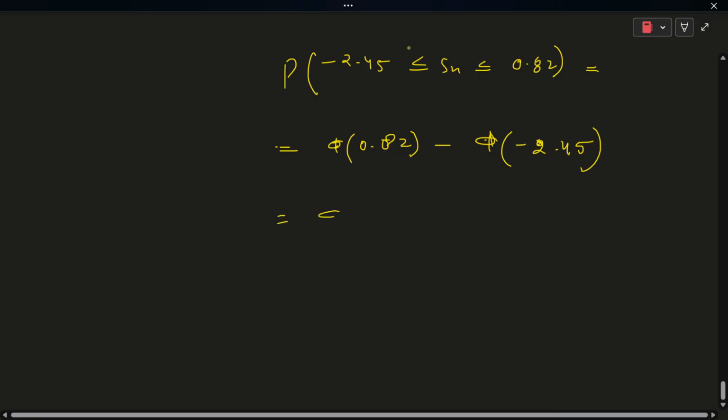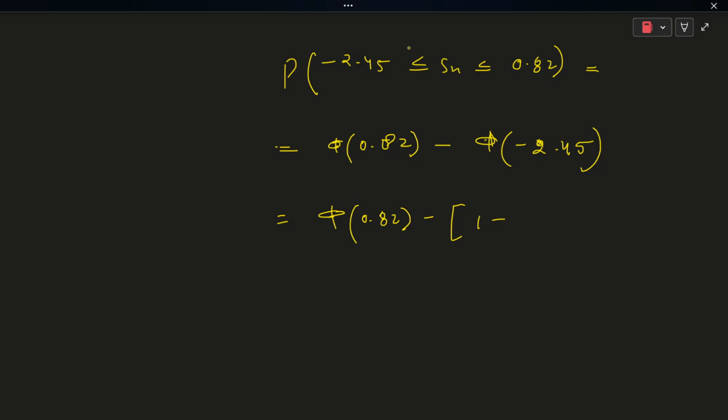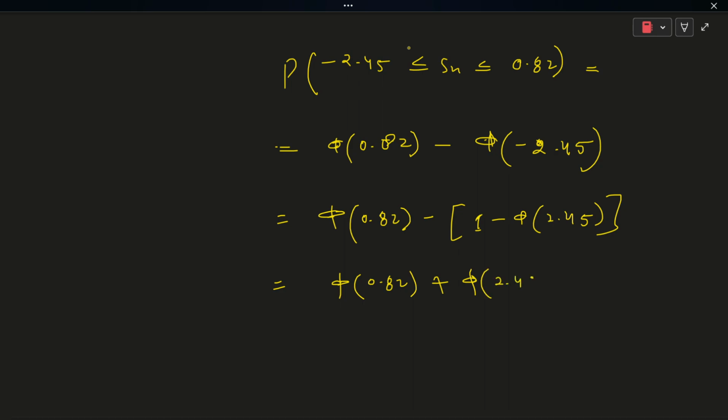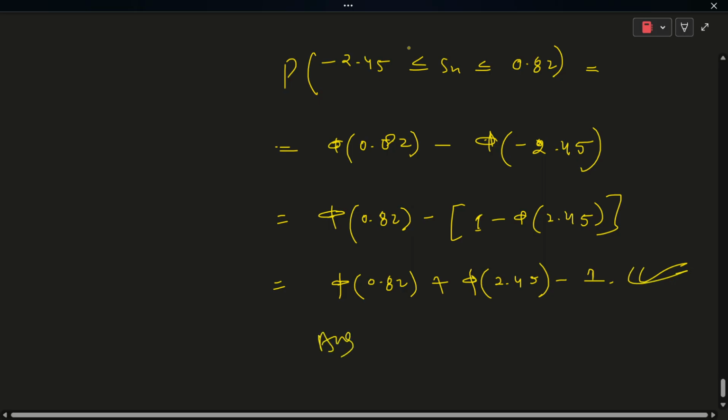So this is equal to phi of 0.82 minus 1 minus phi of 2.45, क्योंकि इसका मैंने बता दिया ना, phi of minus x plus phi of x is equal to 1. So यह आएगा phi of 0.82 plus phi of 2.45 minus 1. इसकी वैल्यूज आपको गिवन होगी, वो वैल्यूज यहाँ पे पुट करके आप अपना जो सॉल्यूशन है वो ले सकते हो. ठीक है, so this is the answer.